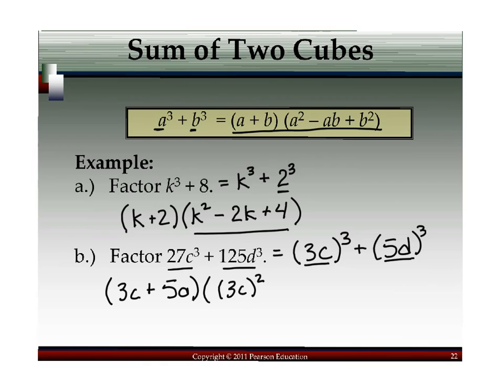And we're going to have a next step where we simplify this a little bit more. Minus A times B, so 3c times 5d. We can go ahead and do that in the next step, but I'm just going to write it out. So 3c times 5d. Then plus B squared, so 5d squared.